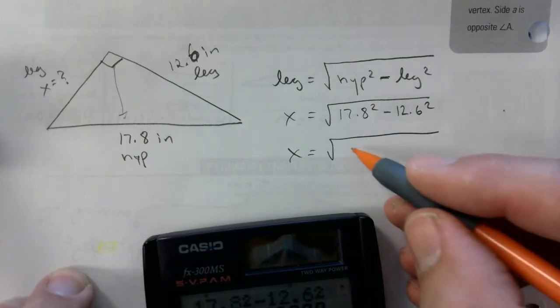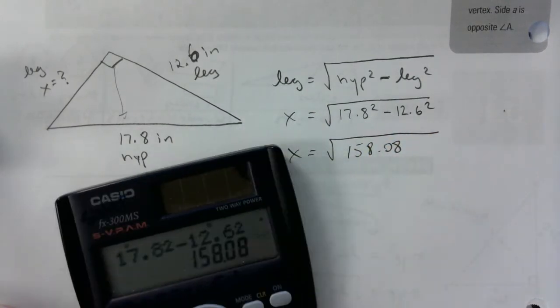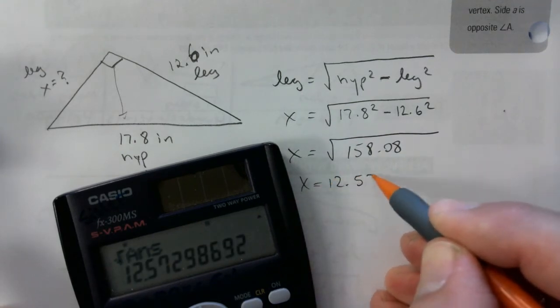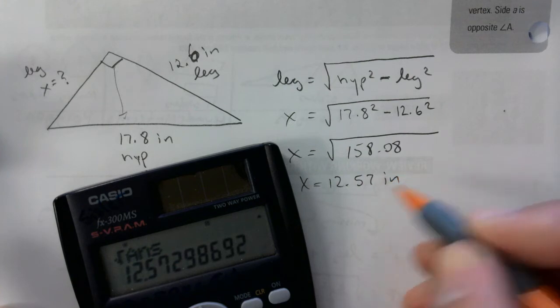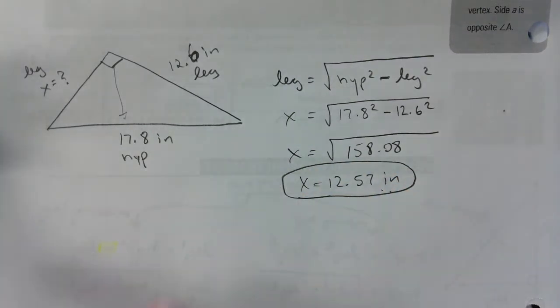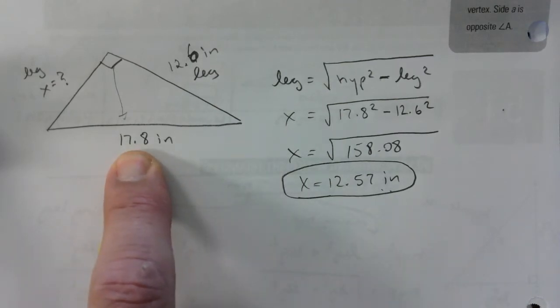That's 158.08, and you cannot have negatives in there, so make sure you understand that. That's 12.57 inches. It should be shorter than the hypotenuse, right? Whatever you do, hypotenuse is always the longest out of the 3 in a right triangle.